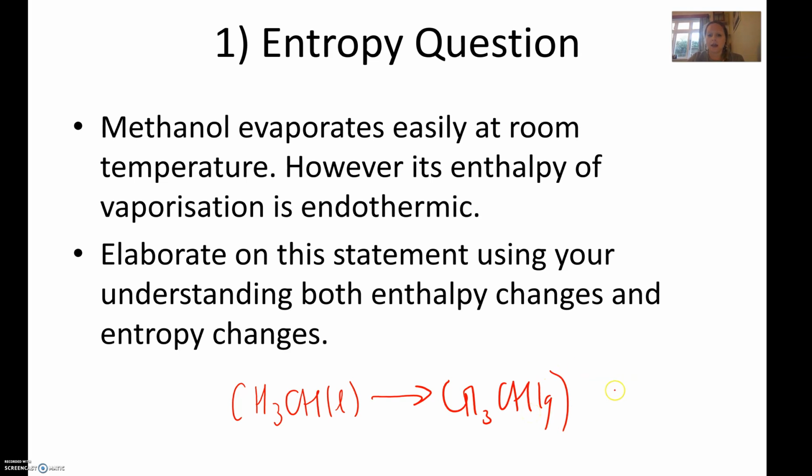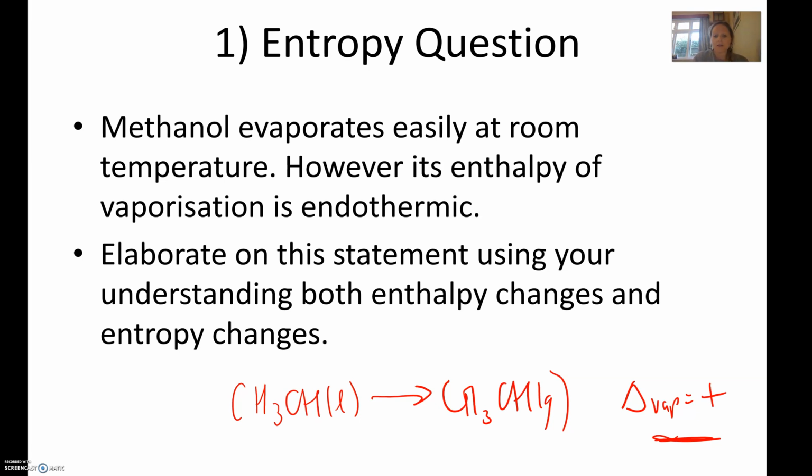It says that this is endothermic, a positive value. So how can this reaction be spontaneous if it is endothermic, because remember, most reactions that are spontaneous are exothermic? The only way that it's possible is if there is a large increase in entropy.